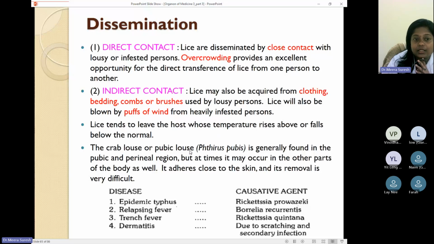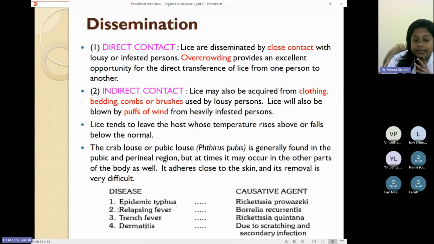Now, what are the diseases they are causing? Not that they are causing; they are actually carrying the organisms which cause that particular disease. They are actually the vectors. So the louse carries these organisms: Rickettsia prowazekii, which causes epidemic typhus; Borrelia recurrentis, which causes relapsing fever; Rickettsia quintana, which causes trench fever; and even dermatitis, especially when we scratch continuously because of the presence of lice, and secondary infection can cause dermatitis.